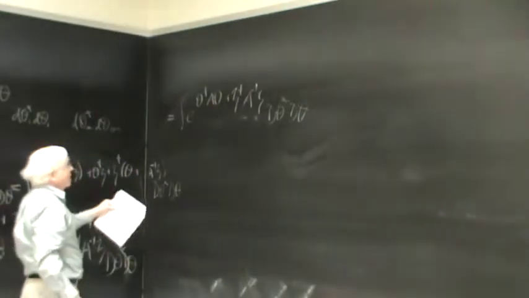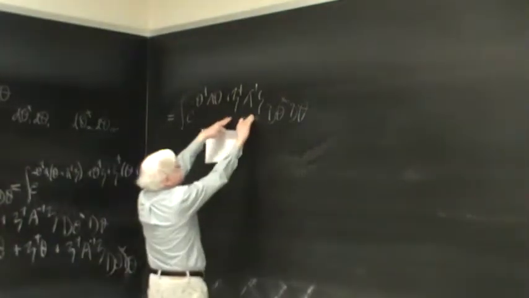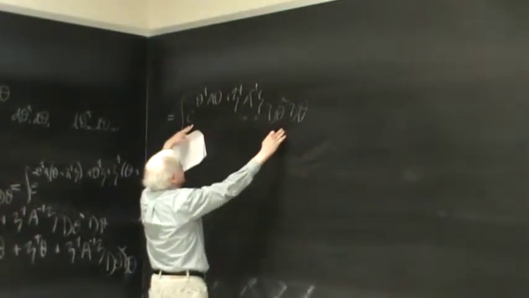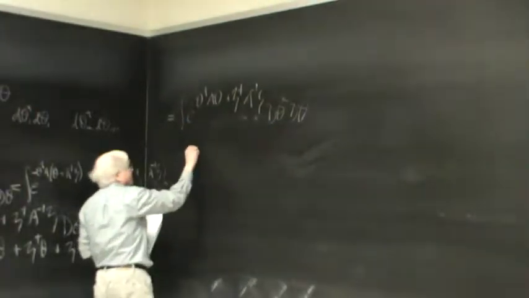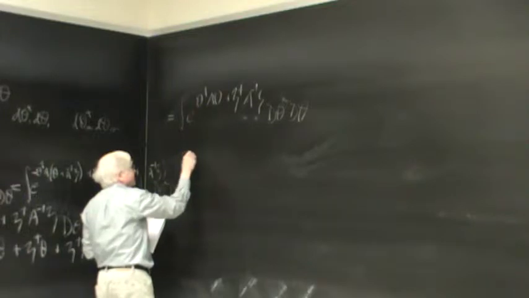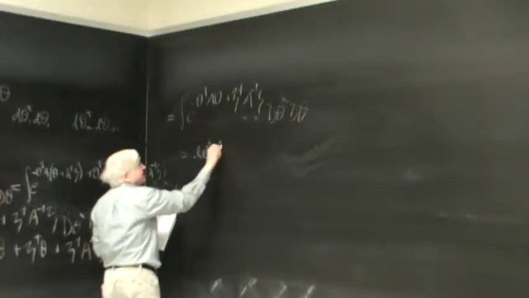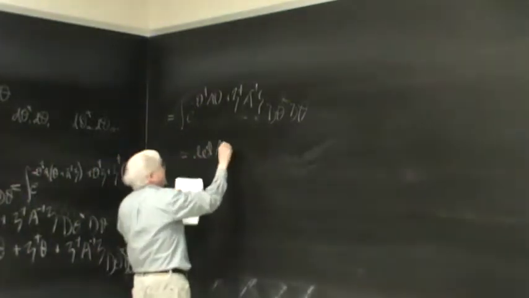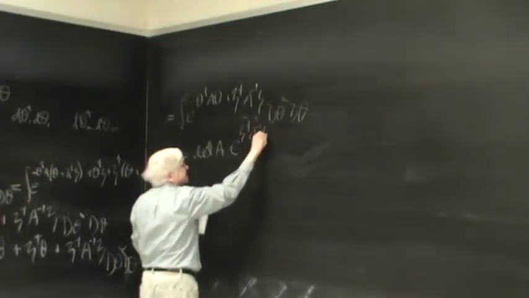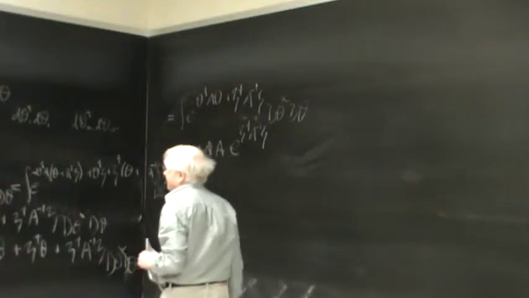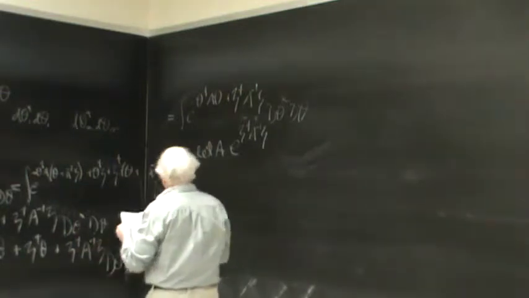And now this is independent of theta. This thing is the determinant. And so this whole thing is equal to determinant of A times e to the zeta dagger A inverse zeta. And let's just remind ourselves what that is.